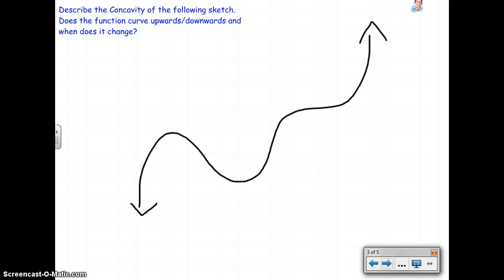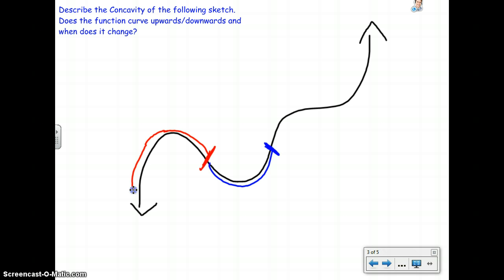If you think about your parabolas from Algebra 2, where does it open? So at the very beginning here, I'm increasing, however, this curve is opening downwards. And it is opening downwards all the way until probably about this point right here. Then we notice that there's a change, and this curve is opening upwards until about this point right here.